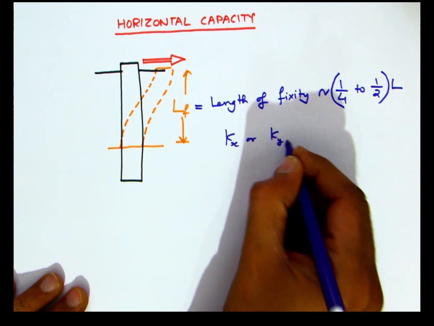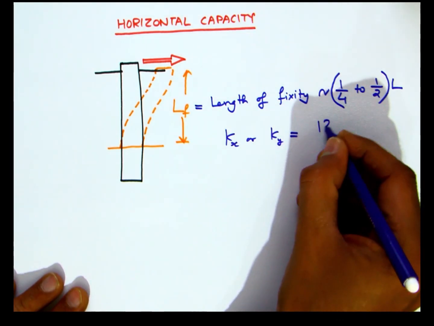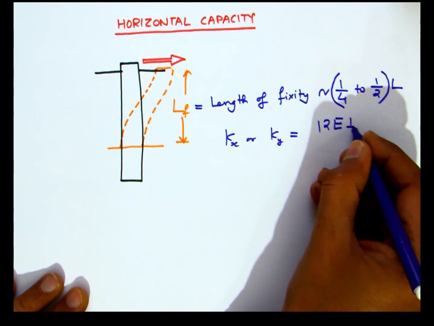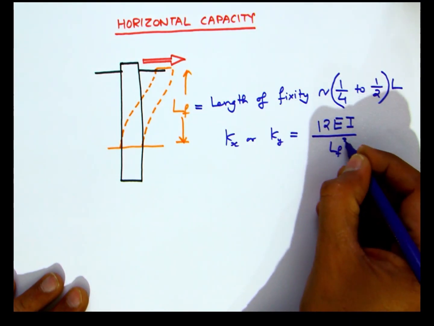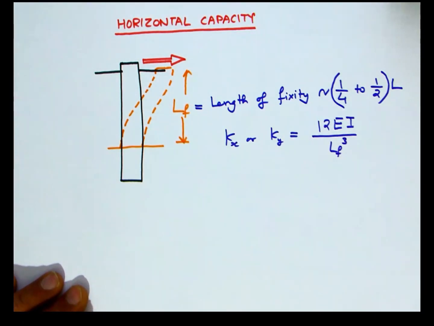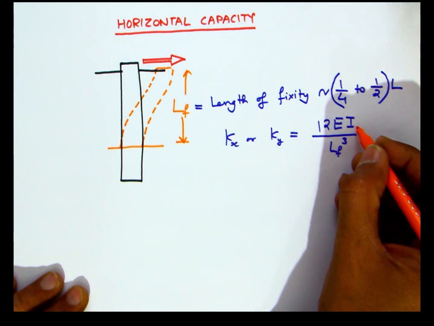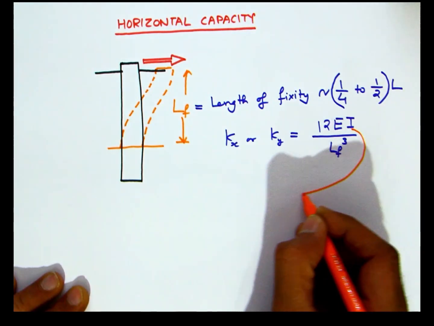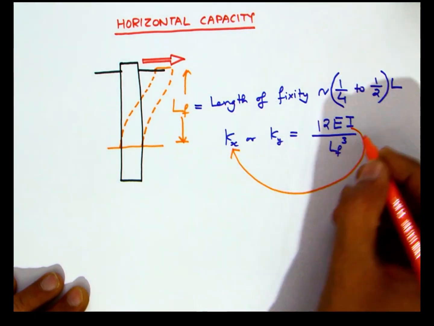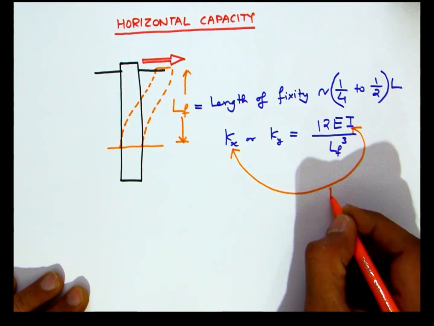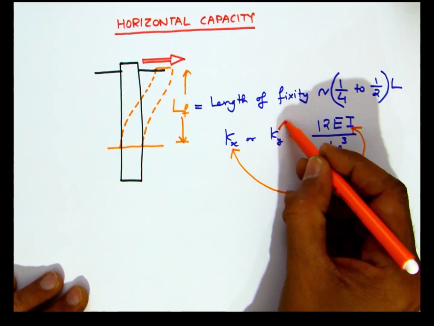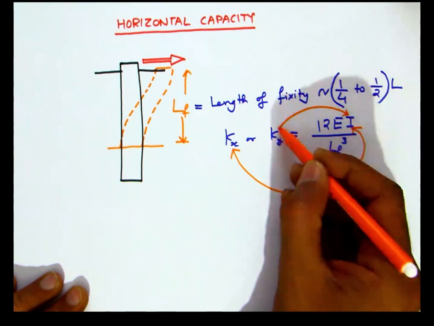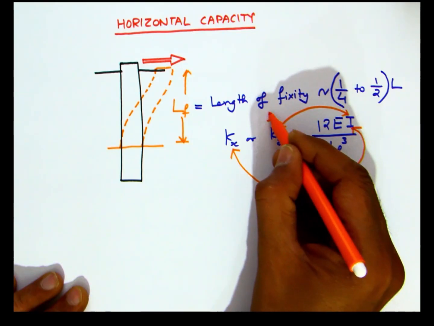From elementary structural analysis, we can write an expression for the horizontal stiffness of the pile in the x or y direction as 12 EI divided by the cube of the length of the pile to the point of fixity. Now this I would be Iy or Ix depending on which k value we are trying to compute.